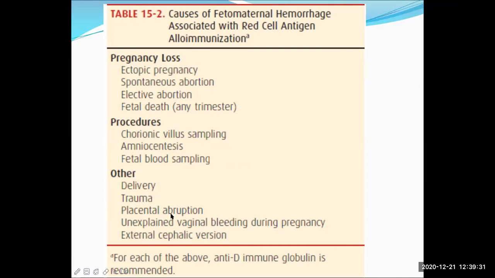Trauma, placental abruption or abruptio placentae, unexplained vaginal bleeding during pregnancy, and external cephalic version, which means rotation of the presenting part from outside. So these are the special conditions, and in each of them we have to give RhoGAM so that the chances of Rh incompatibility are prevented in the future.